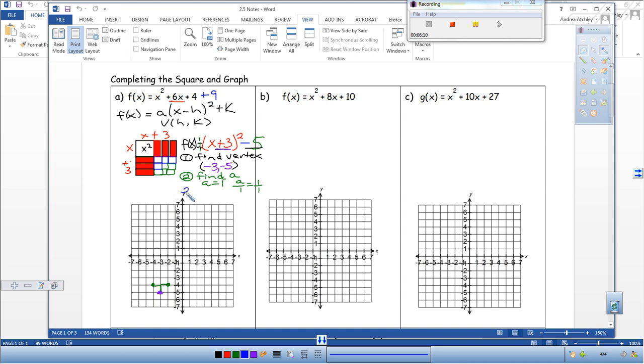The third step is 3a over 1, so it gives me 3 times 1 over 1, which is just 3 over 1. So from this I go up 3 and over 1.